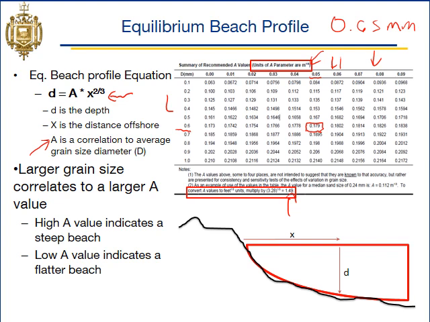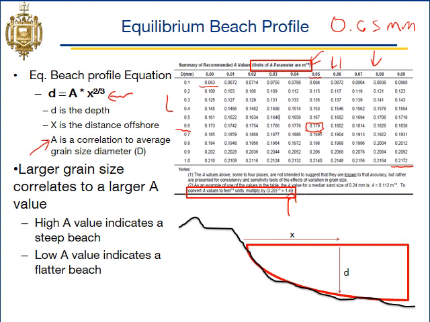A key point is that larger grain size correlates to a larger A value. If we go to our largest grain size of 1.09 millimeters, our biggest grain size has the highest A value, and our smallest grain size, 0.1, has the smallest A value. That means we'll see steeper beaches with higher A values.